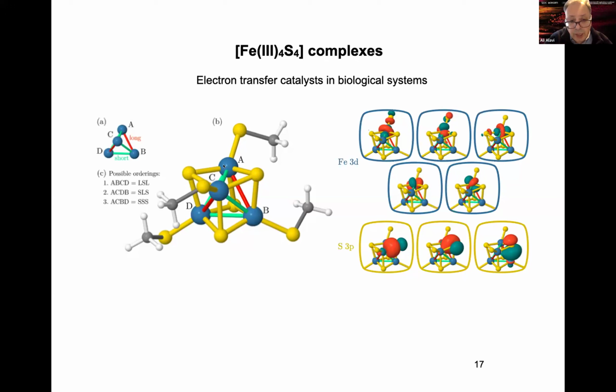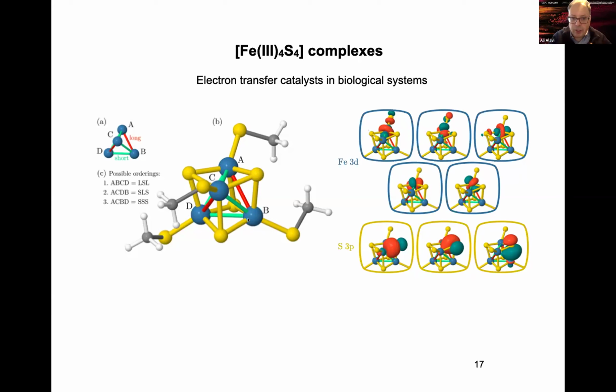Now, one thing I should point out is that when you look at these cubanes, you see that there are distortions, and there are typically 2 distortions that are relevant. Those which lead to 2 long and 4 short bonds among the distorted tetrahedra, or vice versa, 4 long and 2 short.